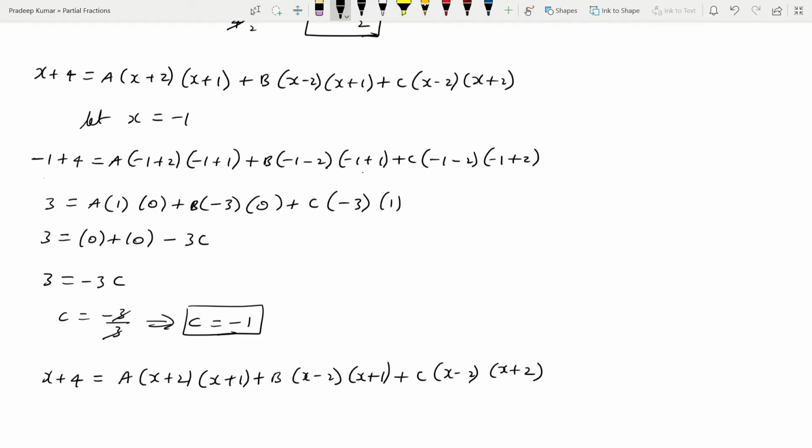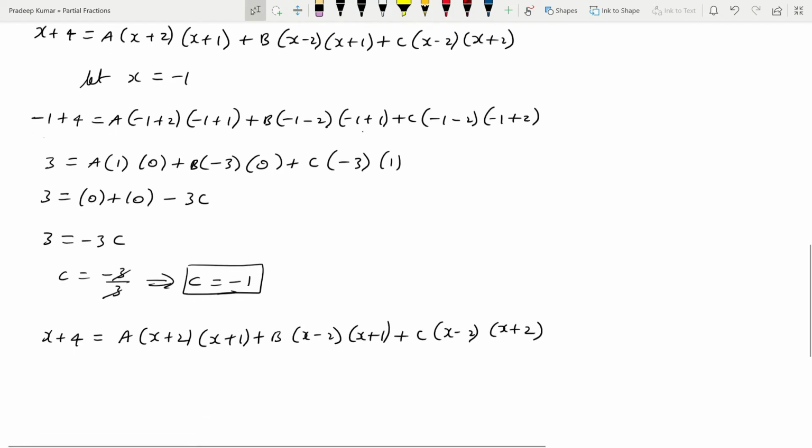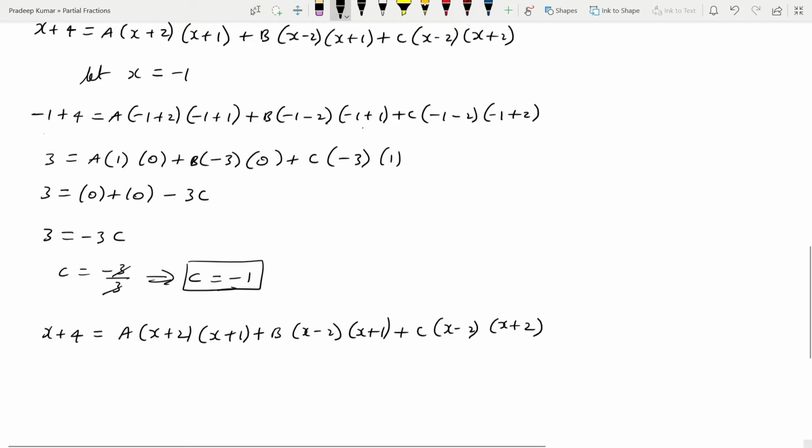In order to get the A value, I'll take x equal to 2. So let x equal to 2. Now when I take x equal to 2, this B value becomes 0 because 2 minus 2 will get 0. And here also, when I take x equal to 2, 2 minus 2 will become 0. Okay, so let's do that.